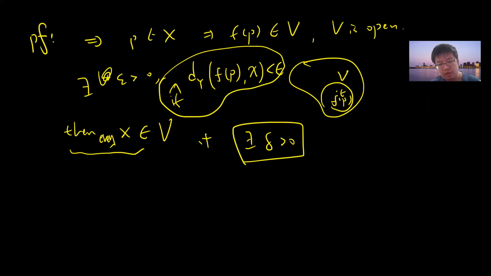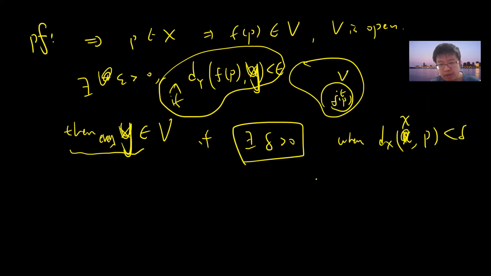So I can pick delta greater than 0 such that when d_X(x, p) is less than delta, then d_Y(f(x), f(p)) is less than epsilon, by the continuity of f.